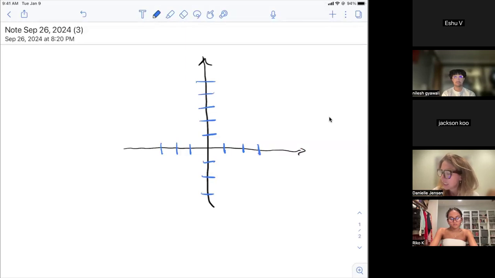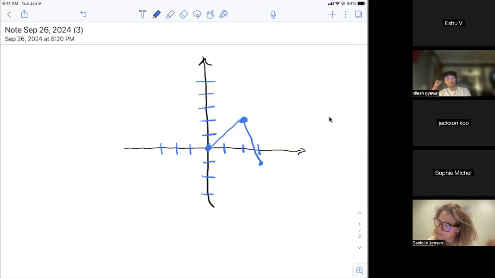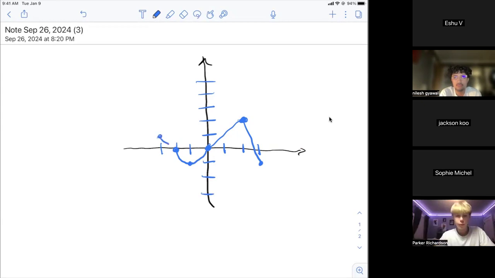I feel like you guys can handle it. Okay, so everything's just going up by 1 unit, just so you know.